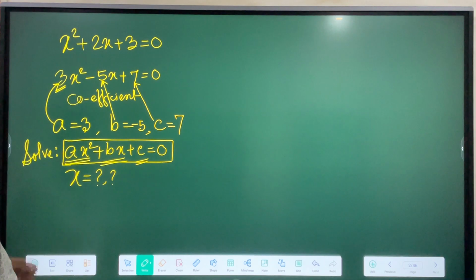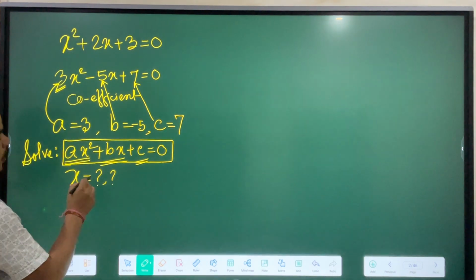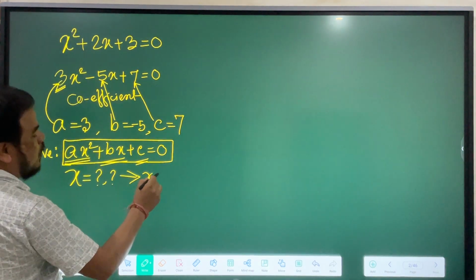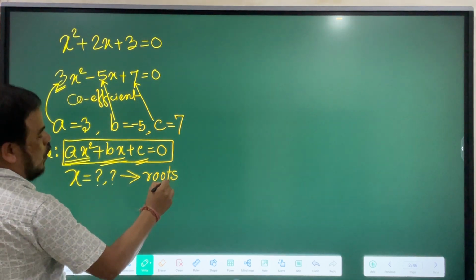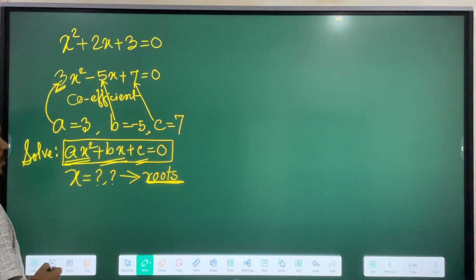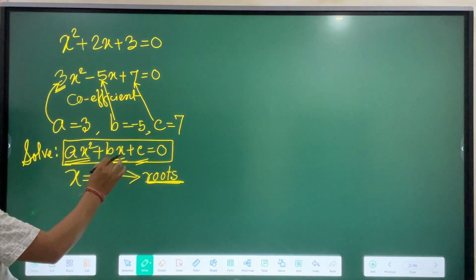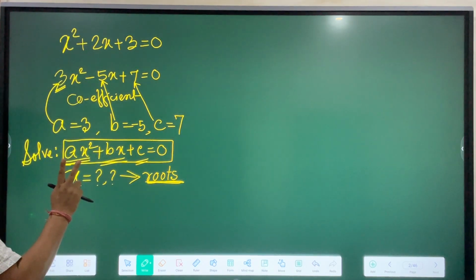Now a formula was there to find out the roots of a quadratic equation. Whatever the values of x, those are called roots. Remember the words, roots of the equation. How many roots will be there for this quadratic equation? 2 roots.